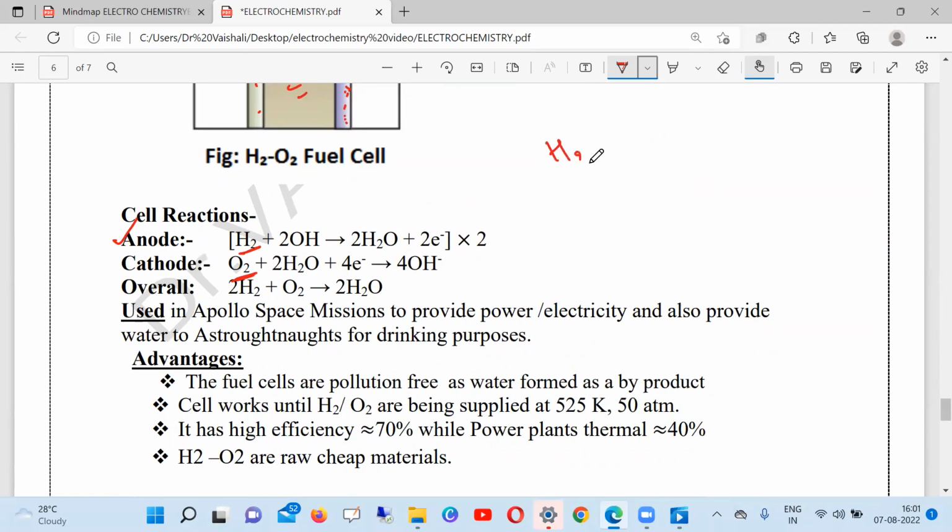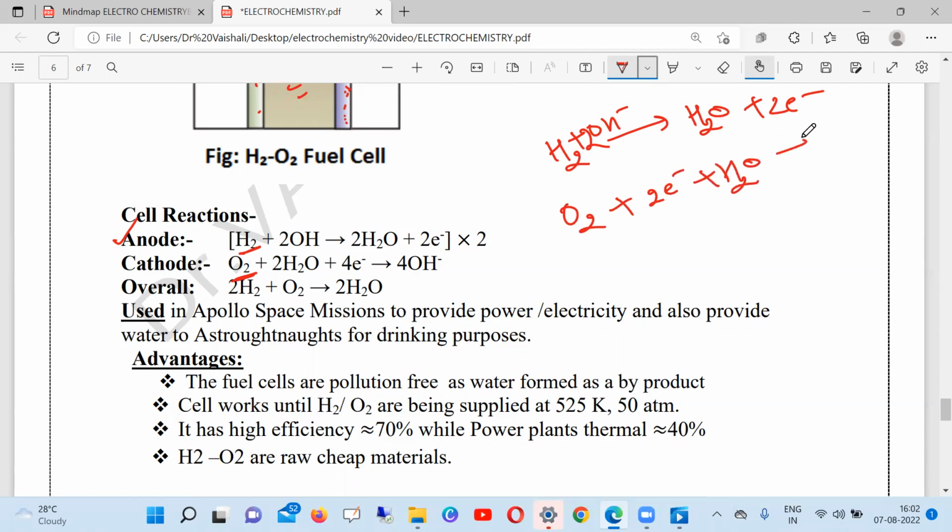Repeating once again, at anode, hydrogen gets oxidized into water in the presence of electrolyte OH minus, balanced. And at cathode, the oxygen gains electrons and water to convert into OH minus. You can balance it, 4 OH minus.